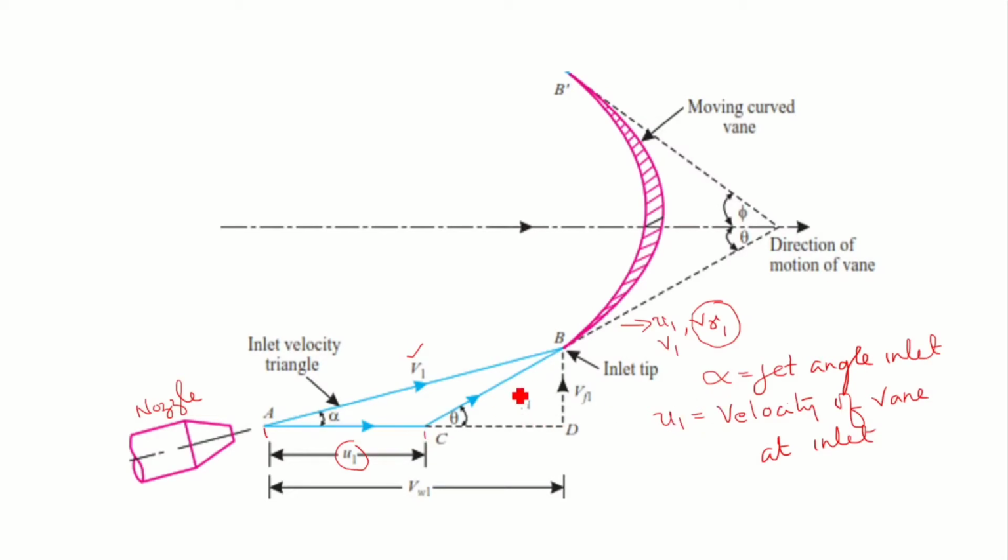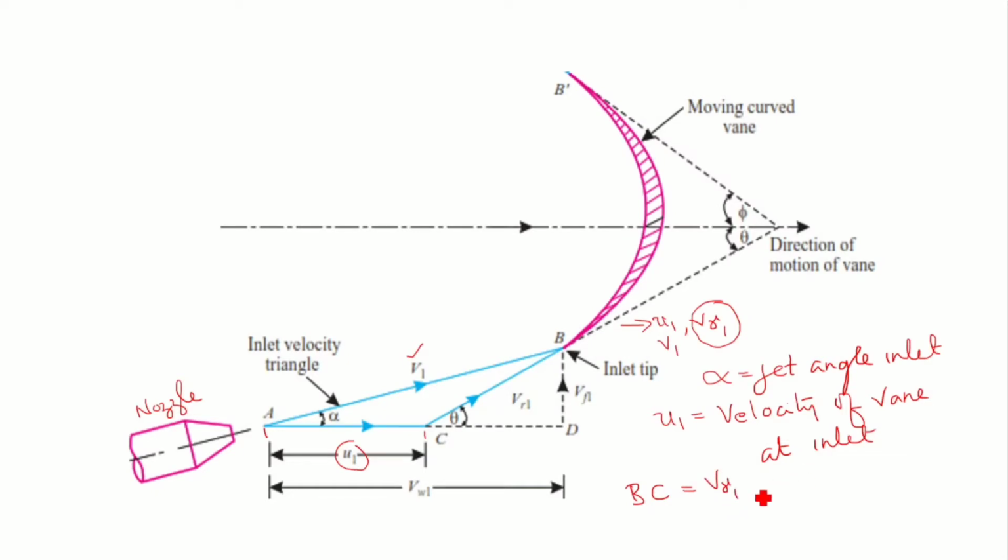So there will be a relative velocity with which the jet strikes the plate. That velocity is represented by the line BC.